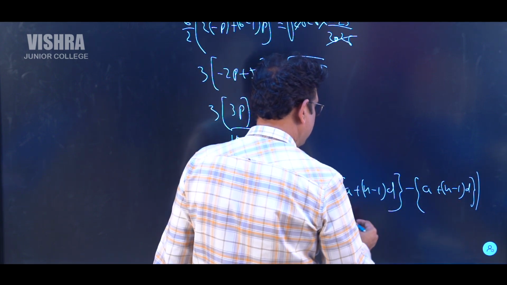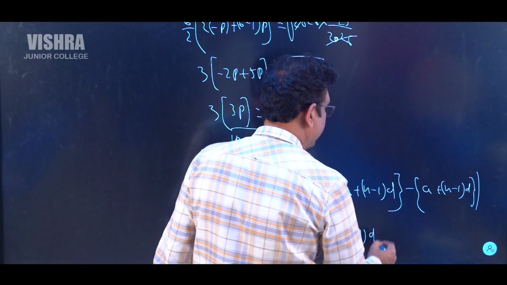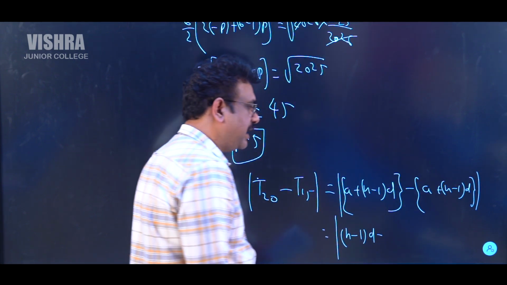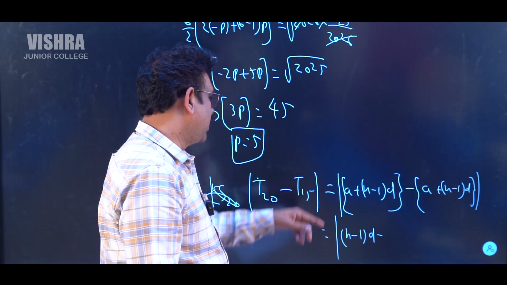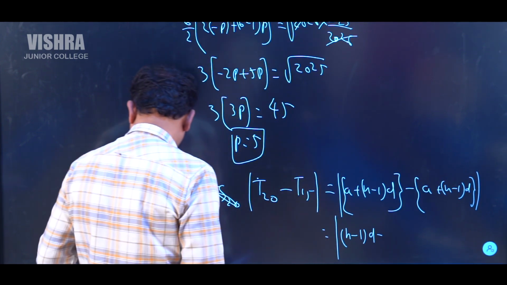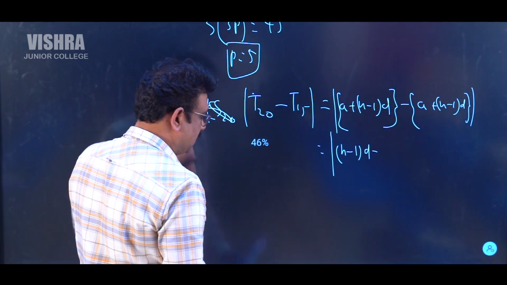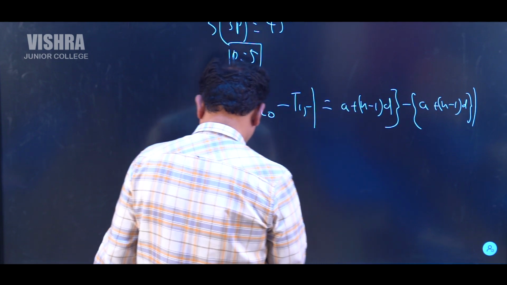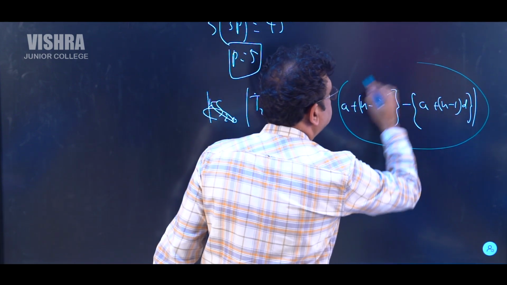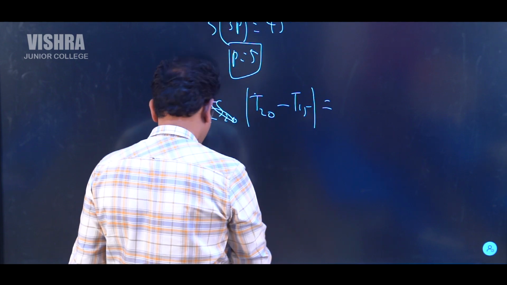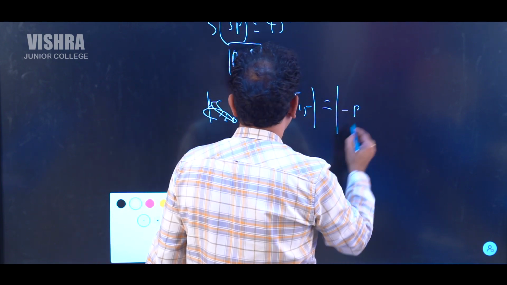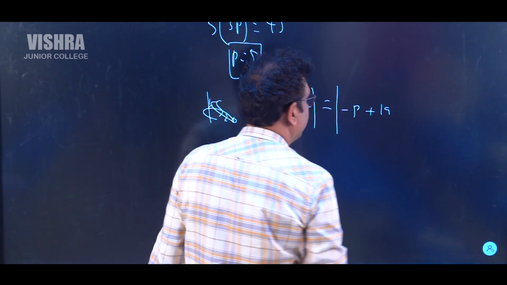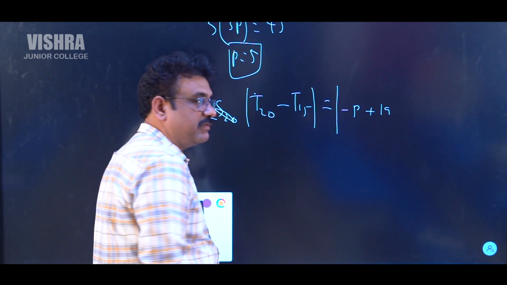So both A's get cancelled, leaving N minus 1 into D for each. Here N is equal to 20, minus the second N. So minus P plus 19 into D. What is the value of D?